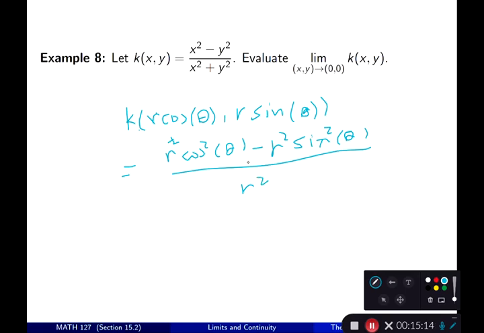So the r squared from top and r squared from bottom simplify, and you end up with cosine squared theta minus sine squared theta.